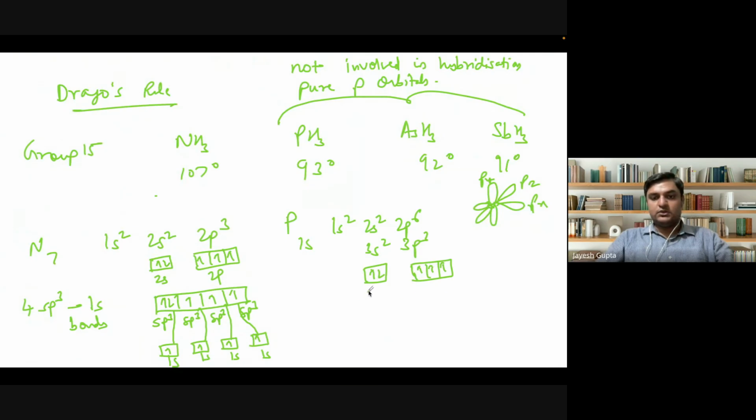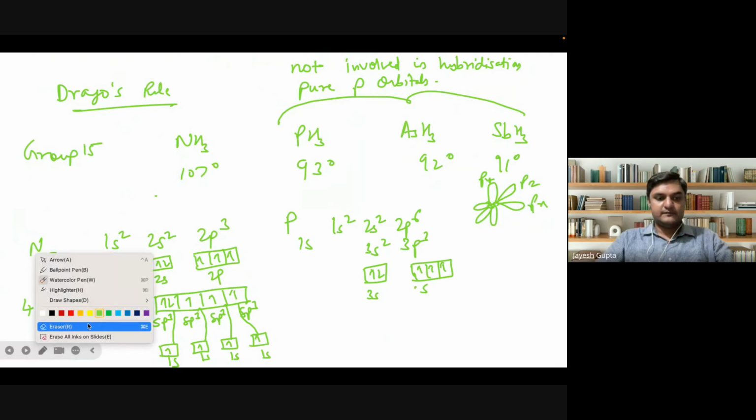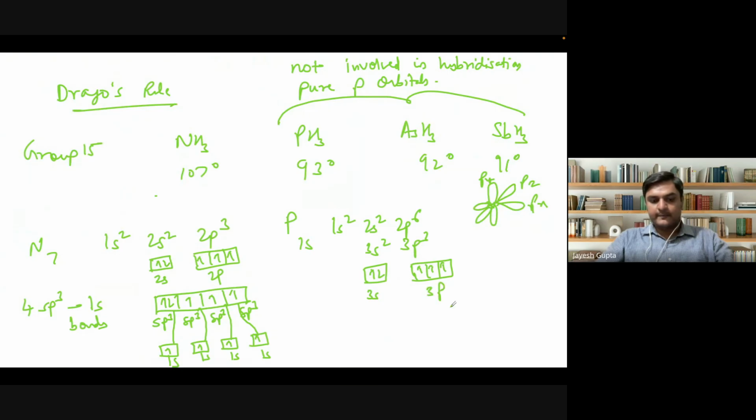Okay, so this is your 3s, this is your 3p, and this is like px, py, pz. So here hybridization will not happen directly. They are going to make bond directly with 1s.